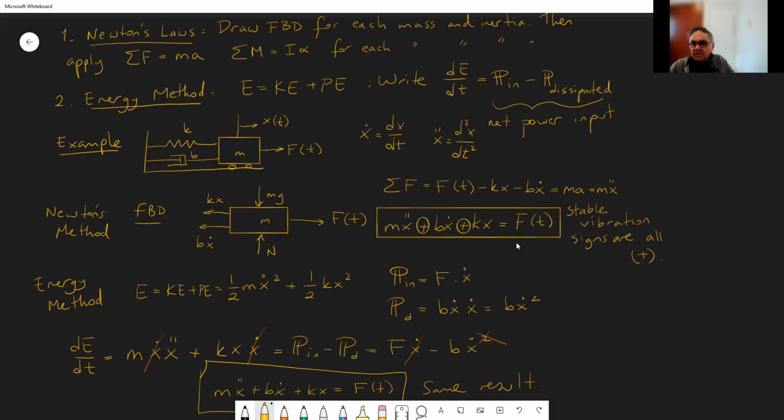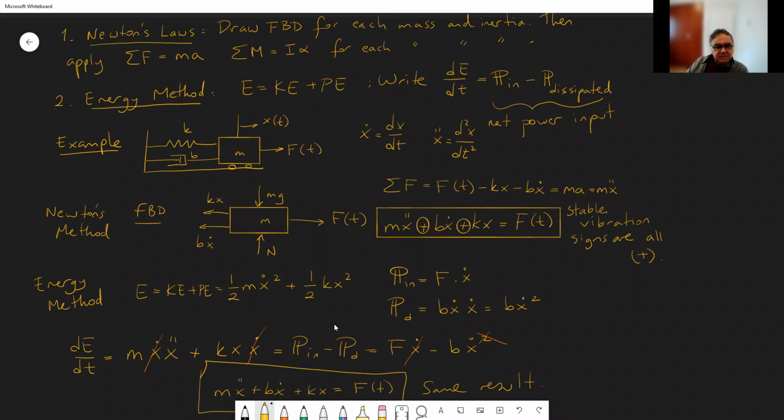They have to be positive. Otherwise, the equation of motion you have is not going to be a vibration, but it is going to just blow up, basically. So all the signs must be positive, and that is a check. You shouldn't be getting negative signs out of your equations in the context of vibrations. In control systems, that might be possible, but that's another matter. We will talk about it next semester in the controls class.